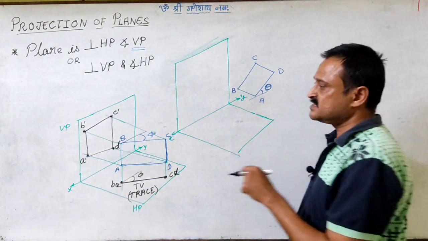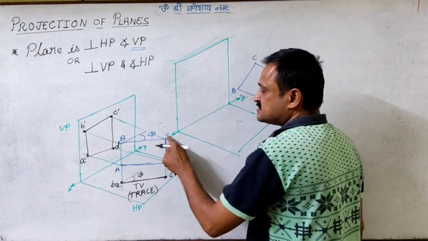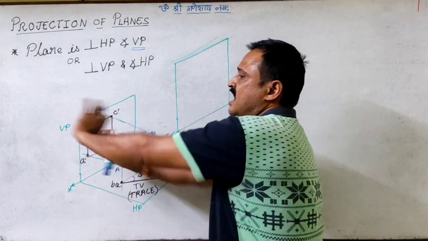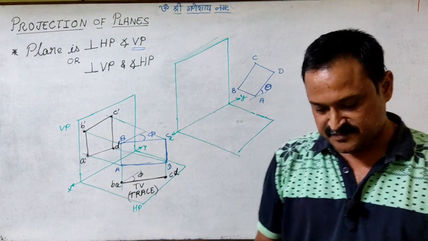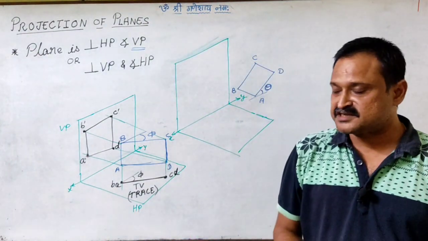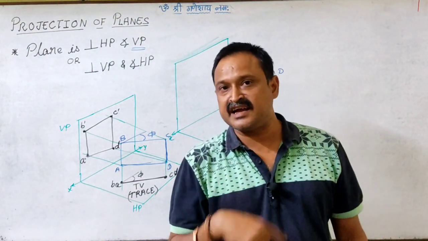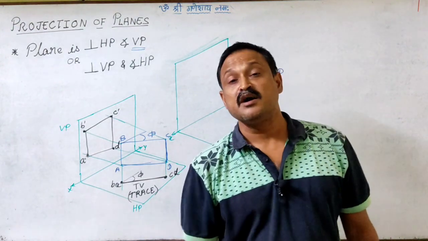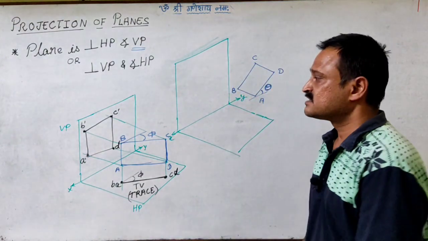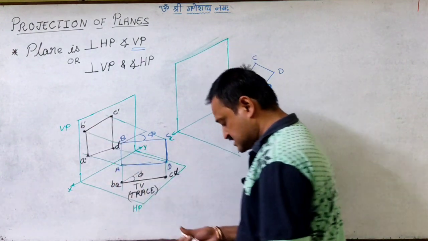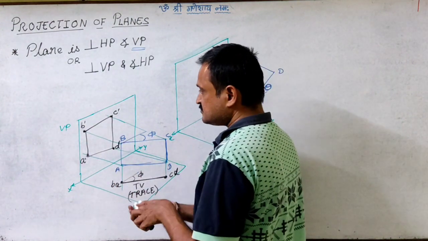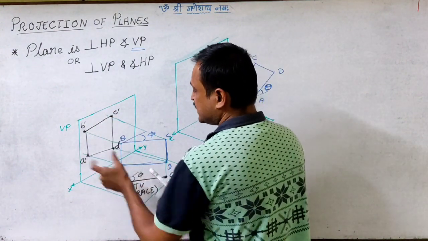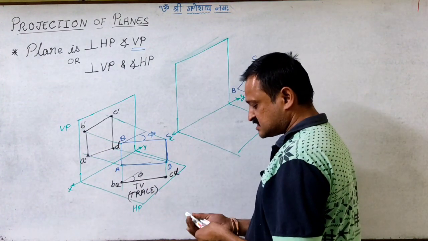Now here you will see that the edges BC and AD are inclined to the vertical plane, and we have seen in the projection of lines, when a line is inclined to a plane, we always get its projected length. That means this B dash C dash length and this A dash D dash length.